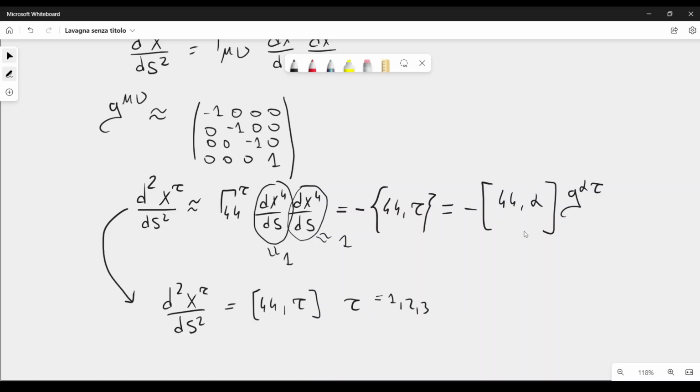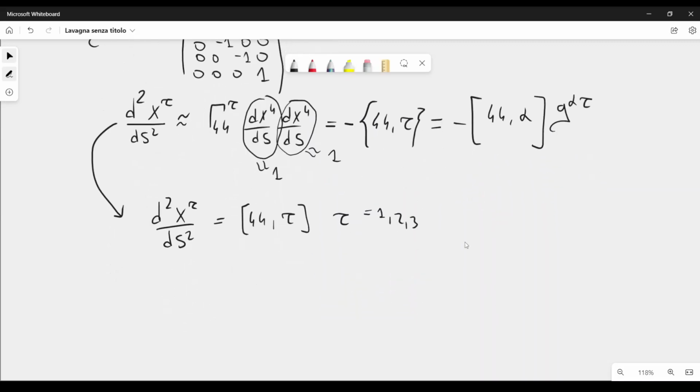And we also have the fourth equation, d squared x4 ds squared equal to minus square bracket 4. This minus sign here comes from this metric tensor right here. And here we have a plus, always because of this.